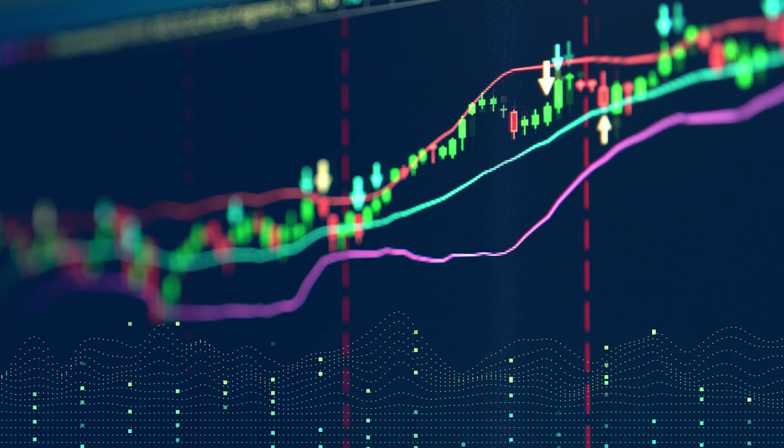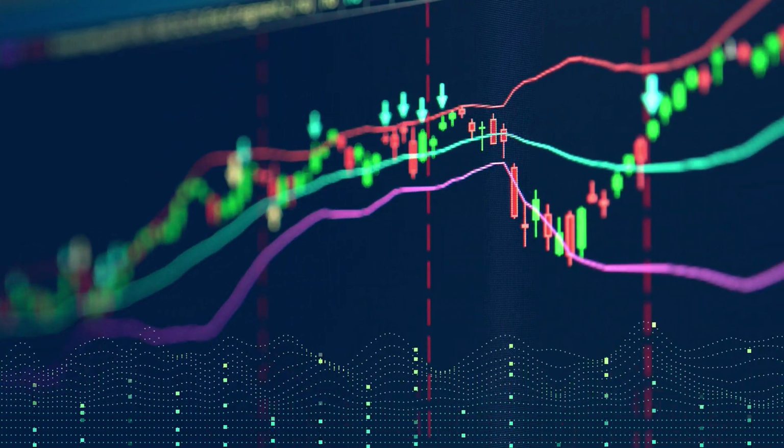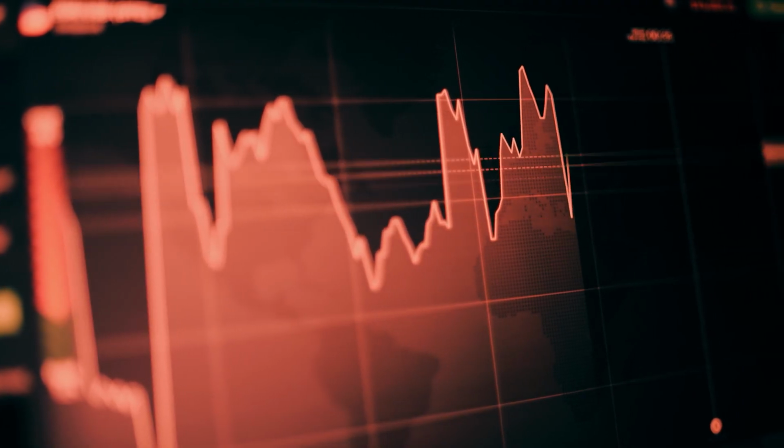When it comes to choosing which commodity to trade, there are a few factors that you should consider. First, you want to consider the volatility of the commodity. Some commodities, like gold for example, are known for their stability, while others, such as crude oil, can be quite volatile. You'll also want to consider the supply and demand factors that affect the price of a given commodity.